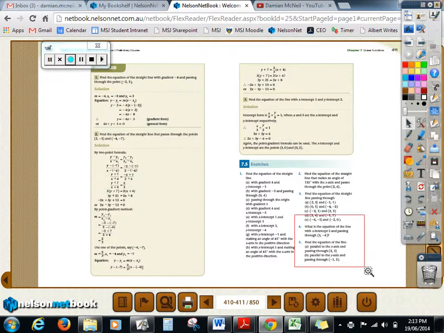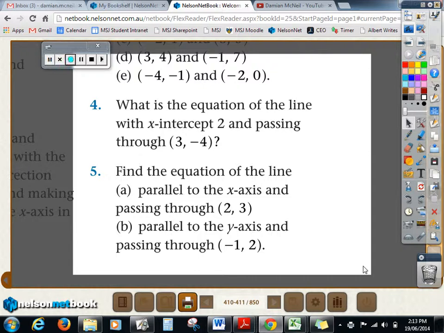Then after you've done that, you've got a few 2-point formulas, and then it's going to take you through lines parallel to the x-axis. Don't forget that lines parallel to the x and y axes have special forms.